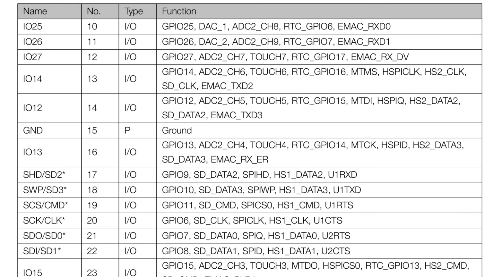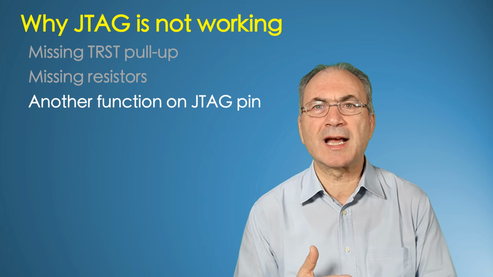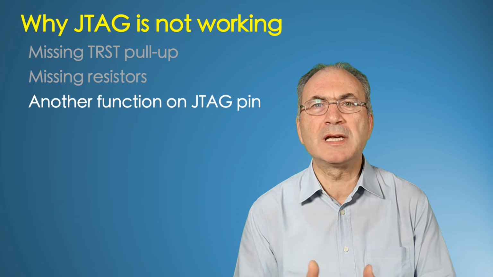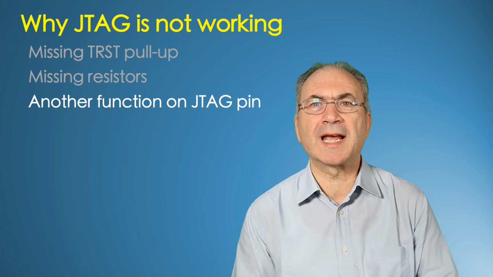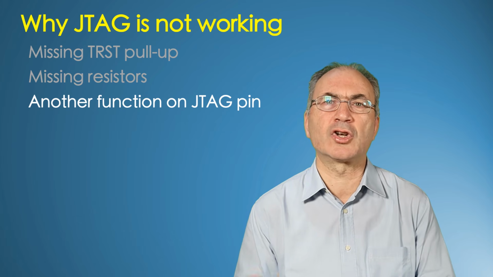Same thing for JTAG pin TMS and IO14, and so on. Often, after boot in our device, the JTAG pin is not available because another function has been selected on the multifunction system-on-a-chip pin.